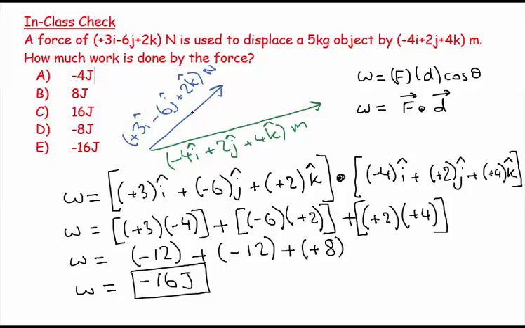I could have worked out the magnitude of the force, the magnitude of the displacement, and the angle between them, and then I could have got the same number using the magnitude calculation above. But that would have been a much more arduous and tedious thing to do than what I did here. So very nice technique. And the answer was minus 16. And there we have it.